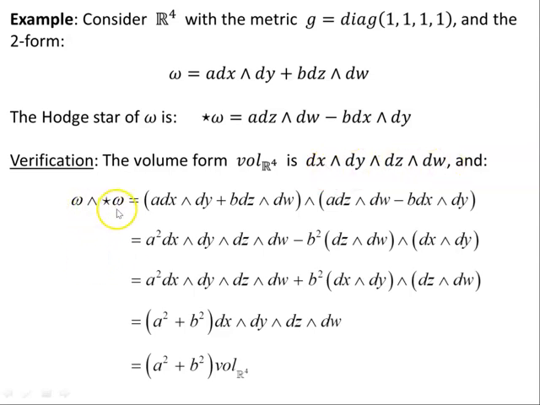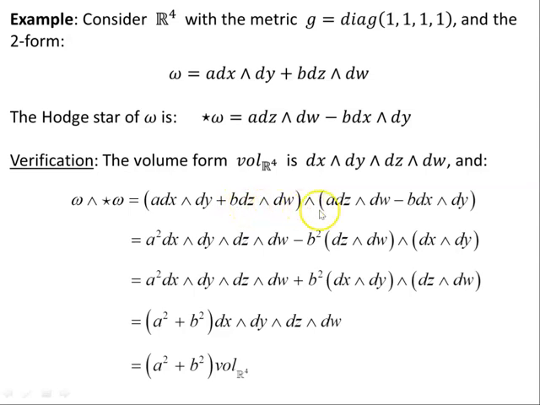And omega wedge star omega is this wedge with this. Again, we have a dx wedge dy with a dz wedge dw. So we get a here and a here gives a squared dx wedge dy wedge dz wedge dw. And then over here, a dx wedge dy with b dx wedge dy is no point there, that's just 0, so that's not included in the calculation.